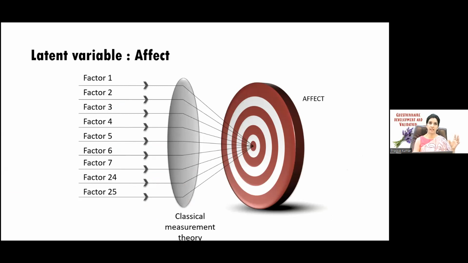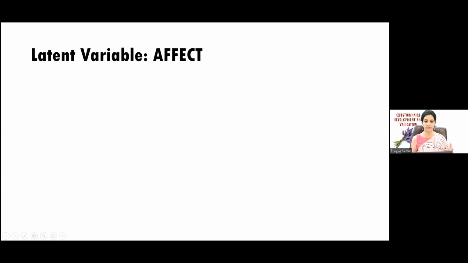So, if the latent variable is affect, like mood, and if you have 25 items, then there may be 25 factors. Each item may be measuring a different construct, and those many factors are there in your model.